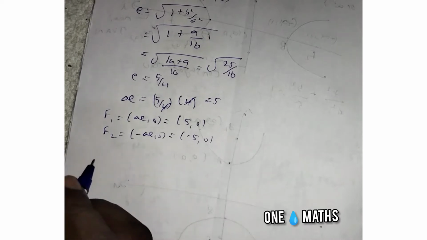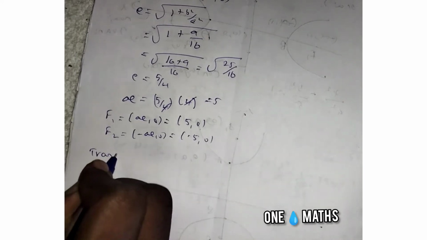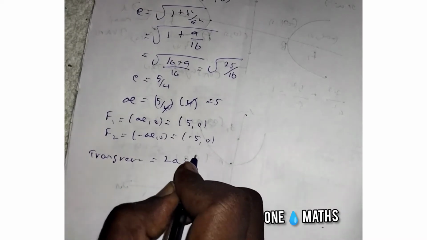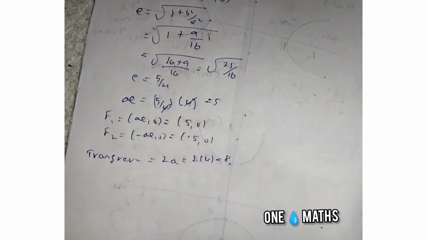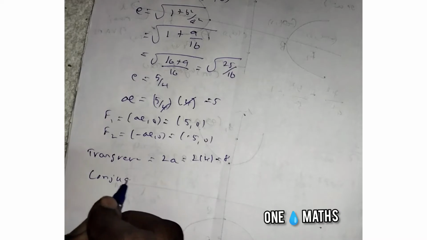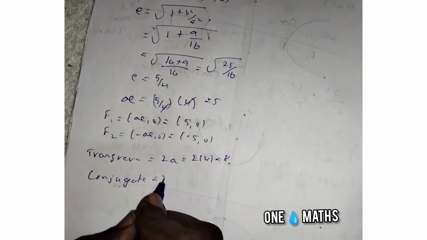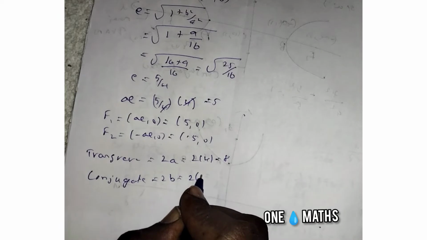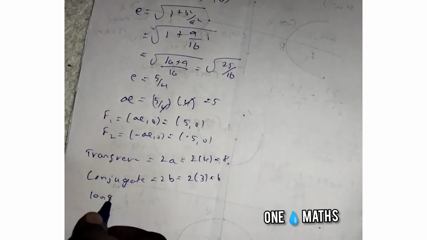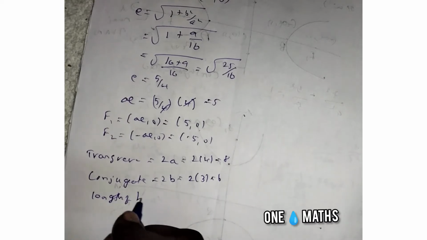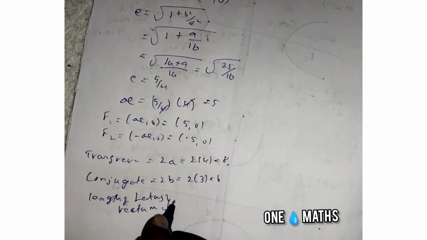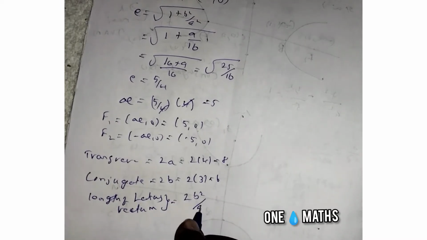Suppose they ask to find the length of the transverse axis. The length of the transverse axis equals 2a, so 2 into 4, it becomes 8 units. Then if they ask for the conjugate axis, the length of the conjugate axis is 2b, so 2 into 3 equals 6. Then the length of the latus rectum is 2b squared by a.